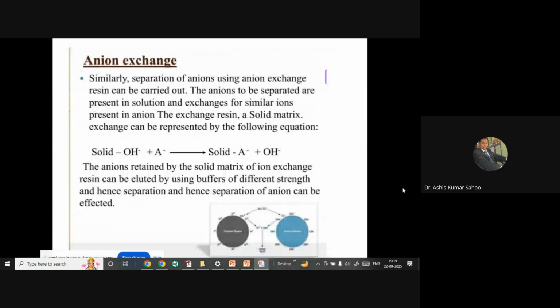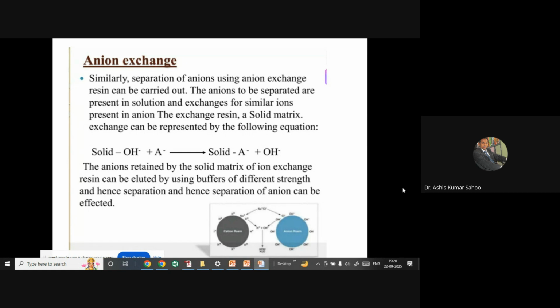Anion exchange: separation of anions using an anion exchange resin can be carried out. Anions to be separated are present in the solution and exchange for similar ions present in the resin. The exchange resin, a solid matrix, can be represented as solid A minus solid cation.